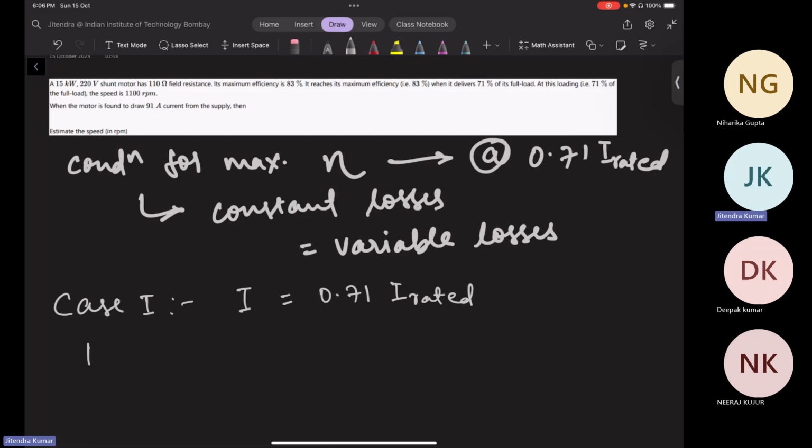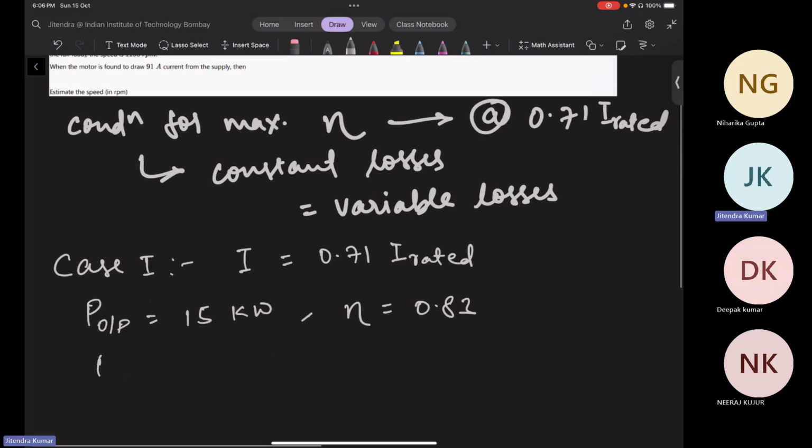The output is 15 kilowatt and efficiency is 83%. So input power we can write as 15 by 0.83. How much will it give?